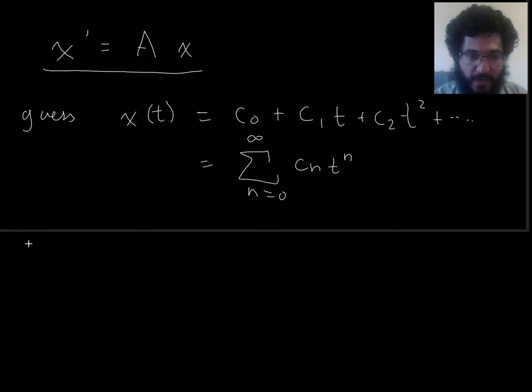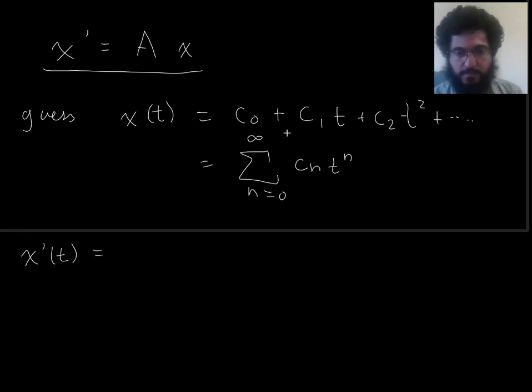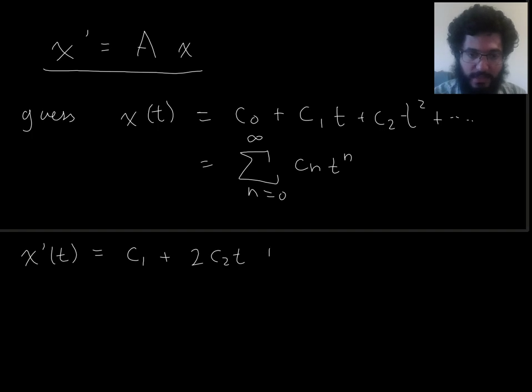If you have a power series, then power series have these wonderful properties. When they converge, derivatives just work really well. So if you want x prime, even though it's an infinite series, you can just take the derivative of each term. The derivative of c0 is 0. The derivative of c1t is c1. The derivative of c2t squared is 2c2t, 3c3t squared, and so on.